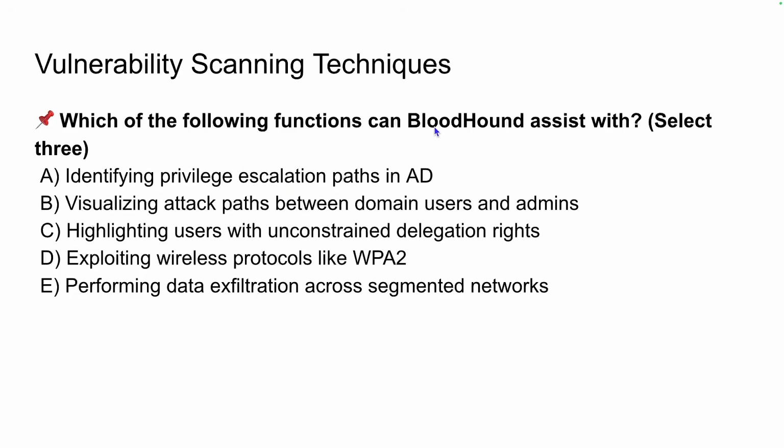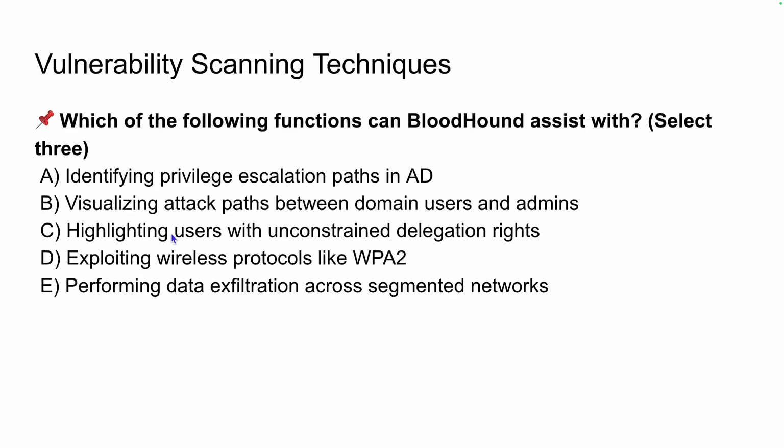Which of the following functions can BloodHound assist with? So now we're talking about BloodHound again. To identify privilege escalation paths, yes, we just talked about that. We have to select 3. So that's definitely 1. Visualizing attack paths between domain users and admins, that's also yes. Highlighting users with unconstrained delegation rights, I guess, because it's technically looking at users and what their permissions are.